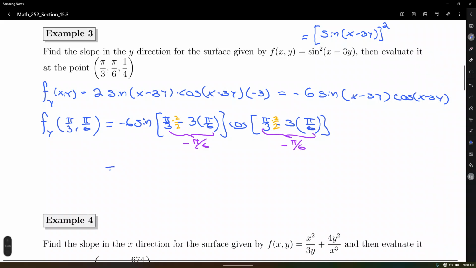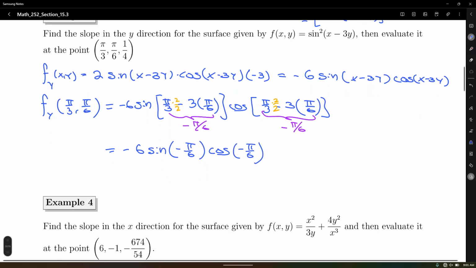So -6 sine of negative pi over 6 cosine of negative pi over 6. Okay? And well, before we compute these quantities, if you don't want to deal with negative angles, just use the even and odd properties of trigonometric functions. Recall that sine of a negative angle, the negative goes outside, while cosine of a negative angle, the negative just disappears.